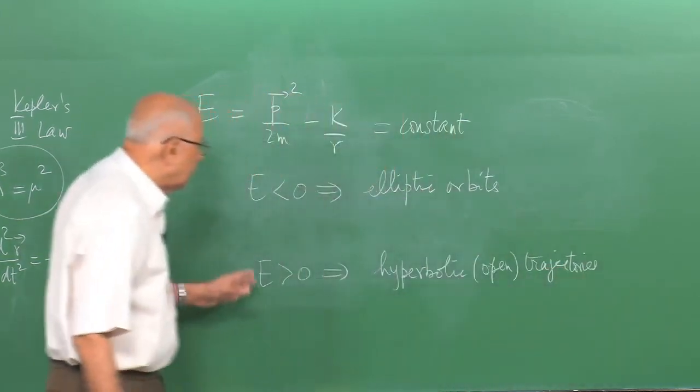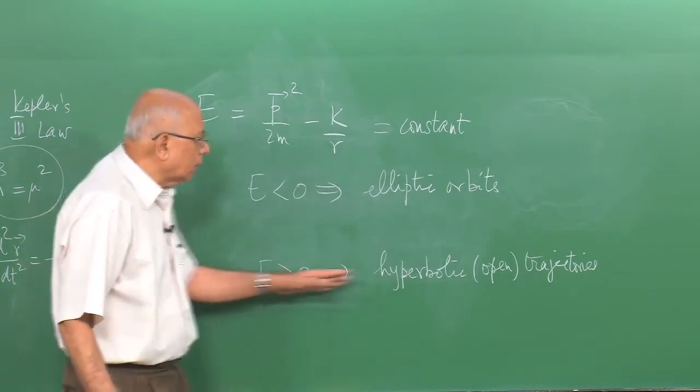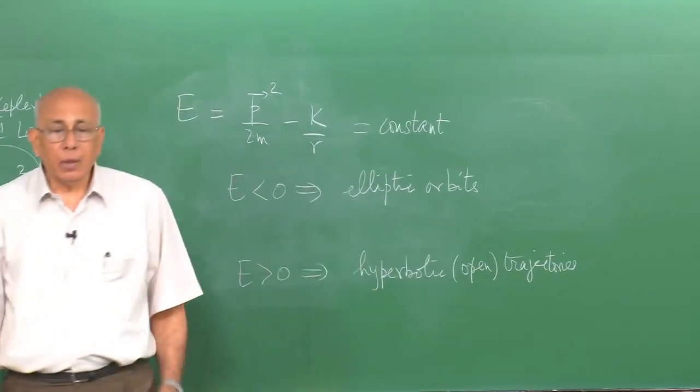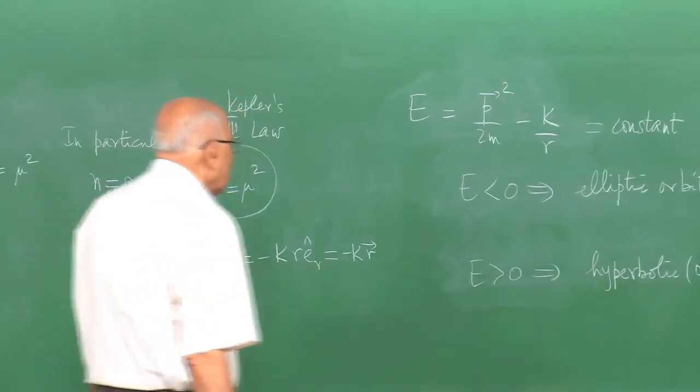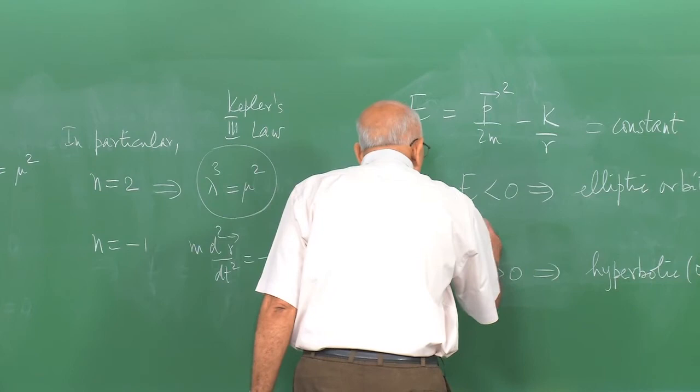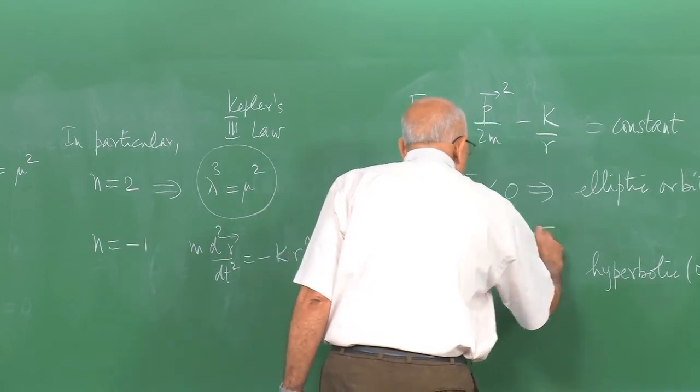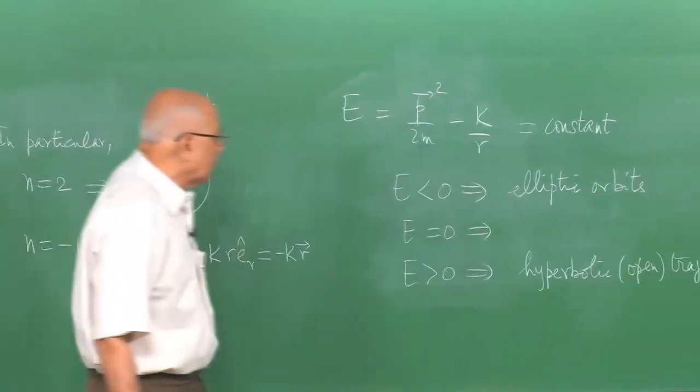Different values of E lead to different hyperbolic orbits, but they are not ellipses. It's not captured. It's not bound motion. And you could now ask, what does E exactly equal to 0 correspond to?